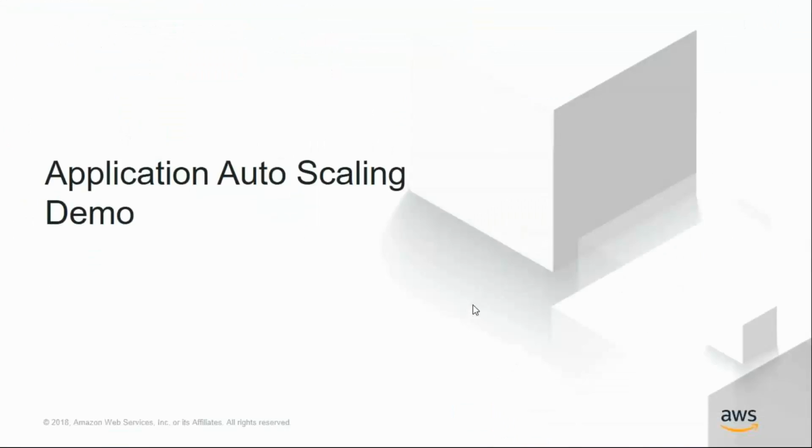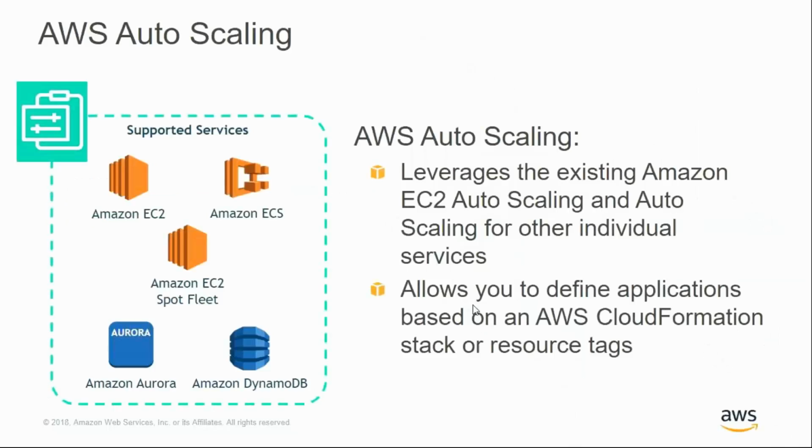So now that we've taken a look at how easy it was to set up auto scaling for DynamoDB, let's move on to AWS Auto Scaling. So AWS Auto Scaling is a quick and convenient way of scaling multiple services at the same time.